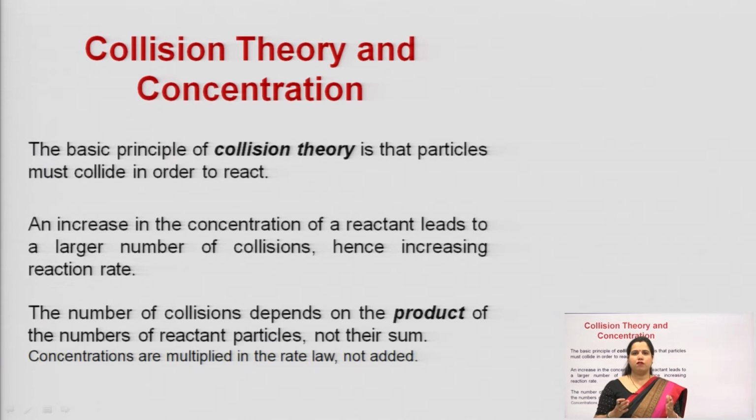It is not about taking more substrates or reactants, so that the reaction rate will be higher. No, it is not, but it depends on the number of particles of the reactant taking part in the collision or interacting with each other.